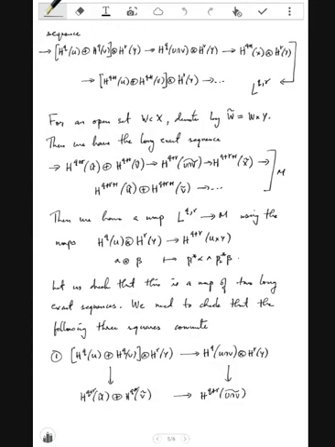The second square is H^q(U ∩ V) tensor H^r(Y) to H^{q+1}(X) tensor H^r(Y), and below, H^{q+r}(U ∩ V tilde) to H^{q+r+1}(X tilde).